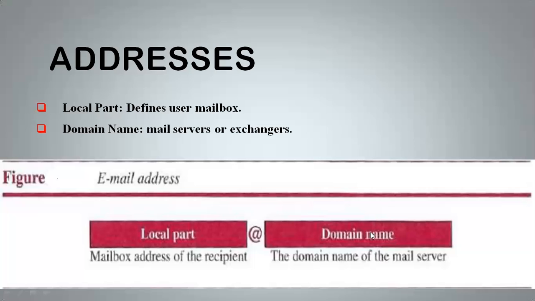This domain name is common for all users of that particular server. All Yahoo users have the common domain name yahoo.co.in, but the local part is unique. It is specifically assigned to individual users.